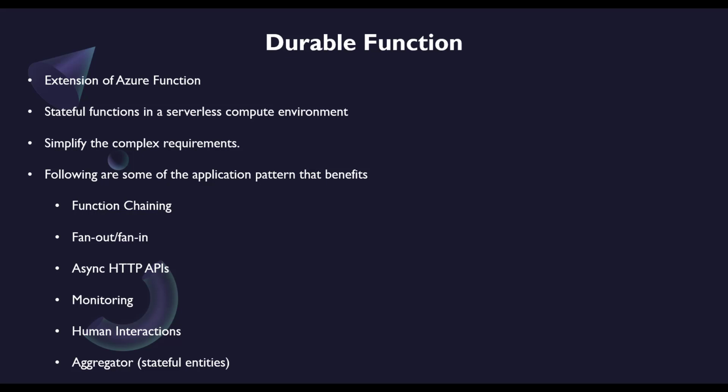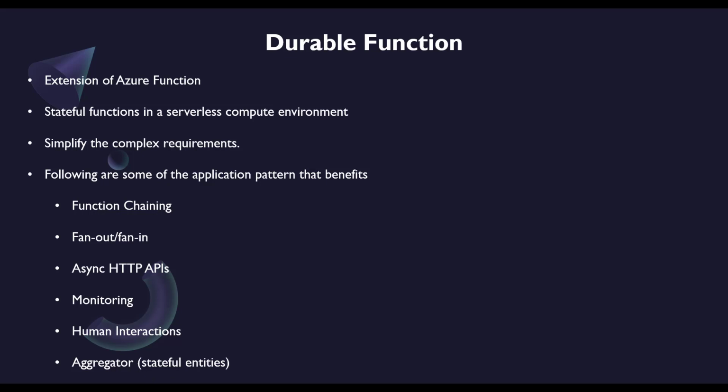This can be done using the function chaining application pattern. You can also leverage the values from the previous function and use them in the later functions. So this is function chaining. It will execute in the order we specify in the orchestration.